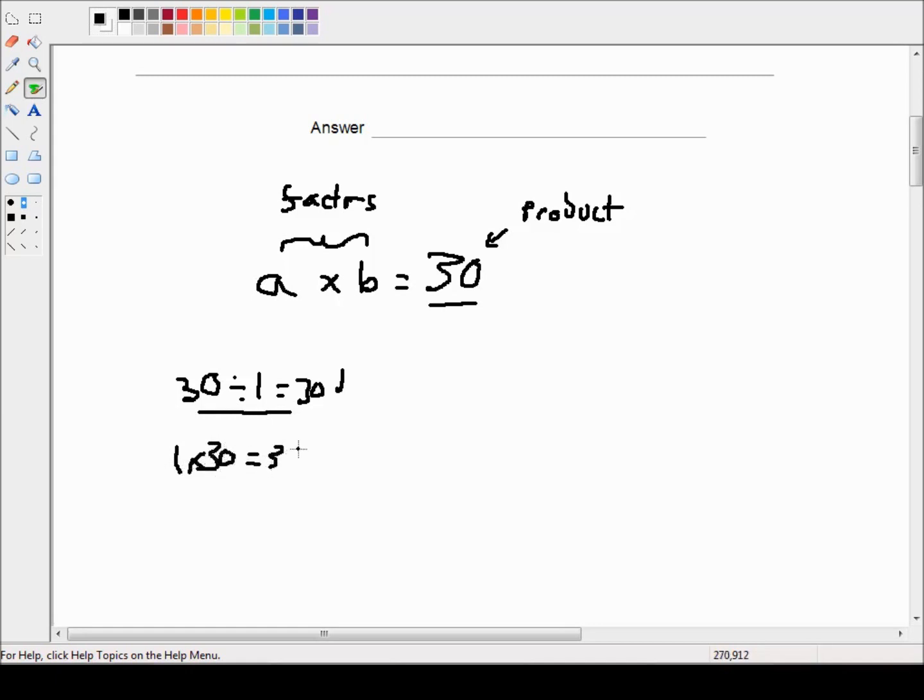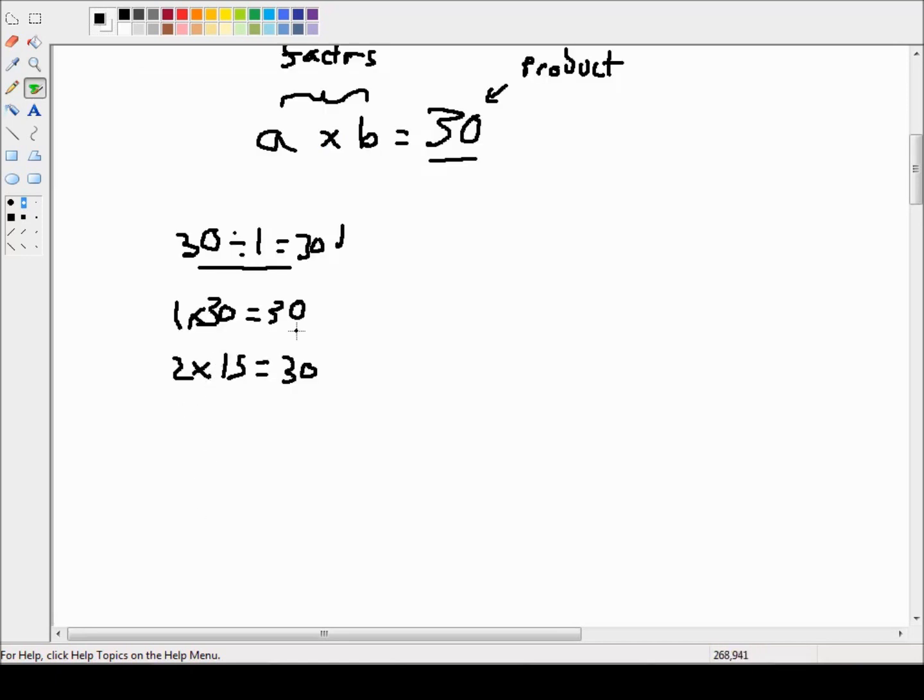So 1 and 30 are 2 factors. If we double the 1 and halve the 30, we get 2 times 15. And that's also equal to 30. Also, 30 divided by 3 is 10, so we know that 3 times 10 is 30.